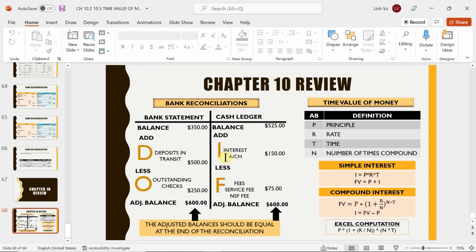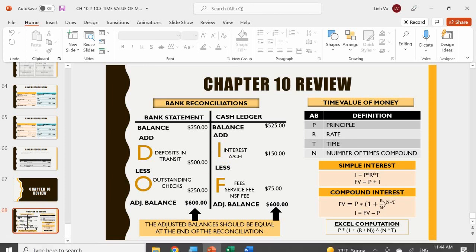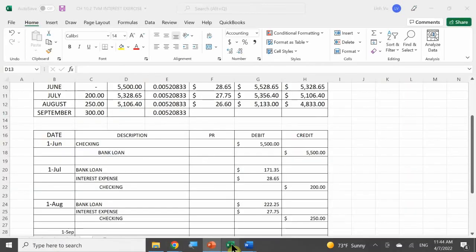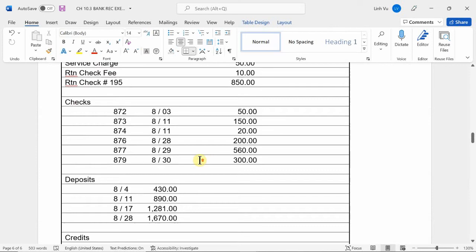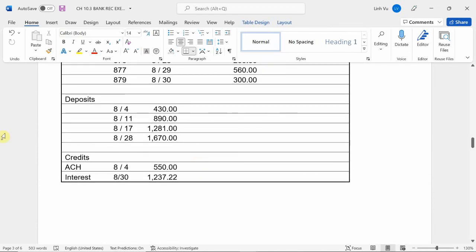ACH, Automated Clearinghouse. So in this case, we need to add interest and Automated Clearinghouse. Okay? So in this case, let's look at my bank statement. Right here, I have interest and I have Automated Clearinghouse.